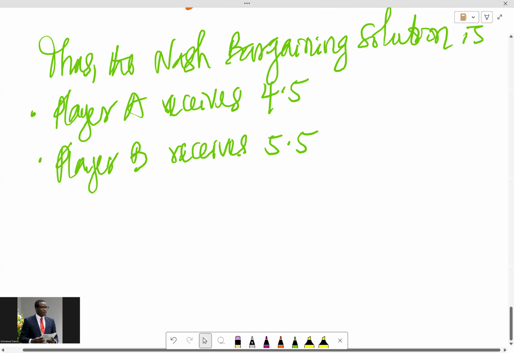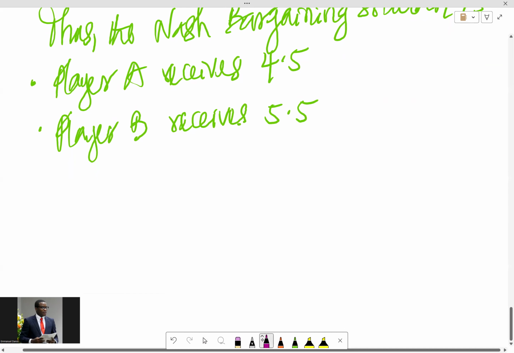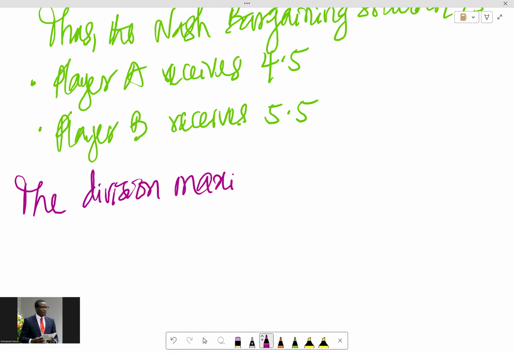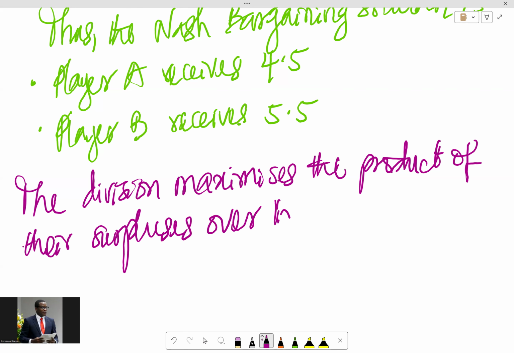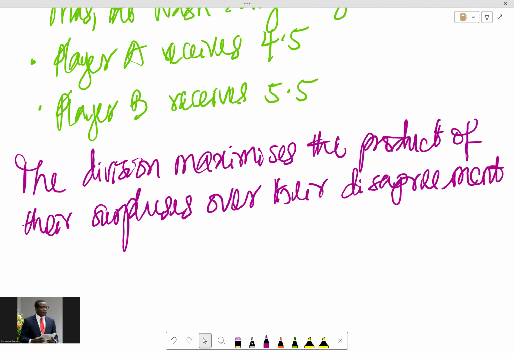So you can say 4.5 plus 5.5 is 10. With this, we say the division maximizes the product of their surpluses over their disagreement points.